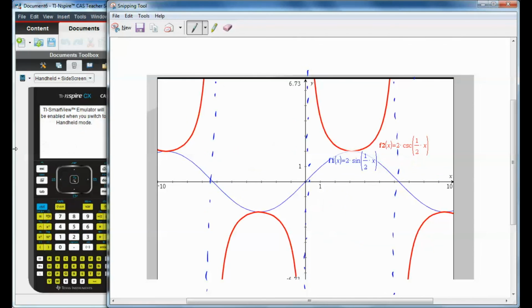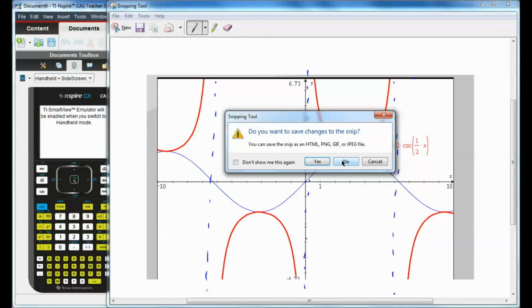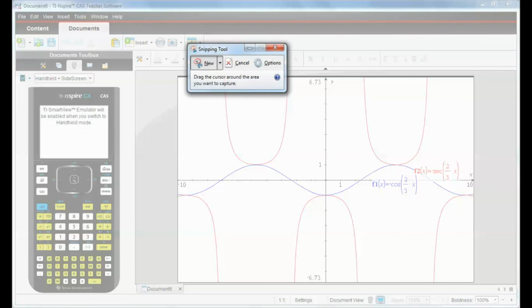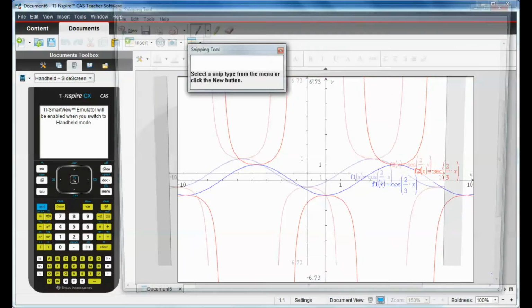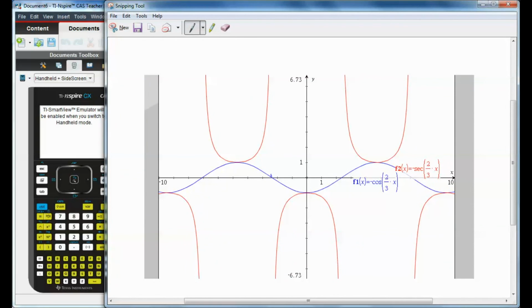We could just imagine that every place where this crosses the x-axis can have a vertical asymptote. Alright, so that's both graphs.